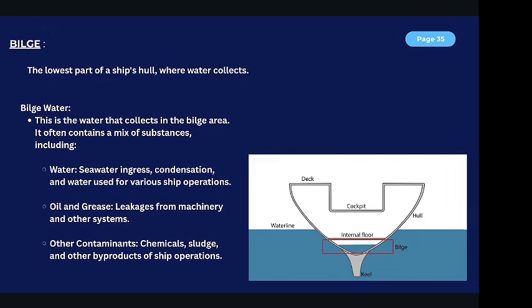The bilge water is the water that collects in the bilge area. It often contains mixed substances, including water: seawater ingress, condensation, and water used for various ship operations.